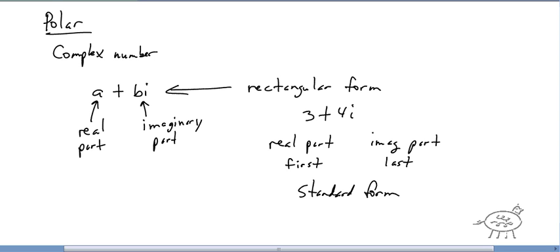Okay, so let's talk about what an imaginary number is. As you saw, it was written a plus bi. And if you remember, the value of i represents the square root of -1. So if I have the square root of -25, the first thing you do is break it up.